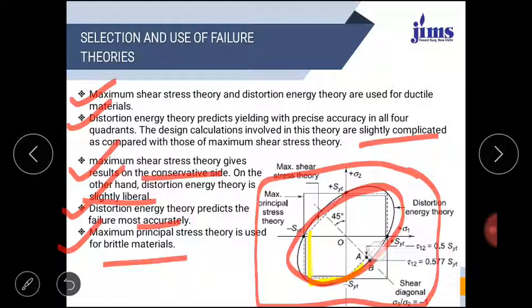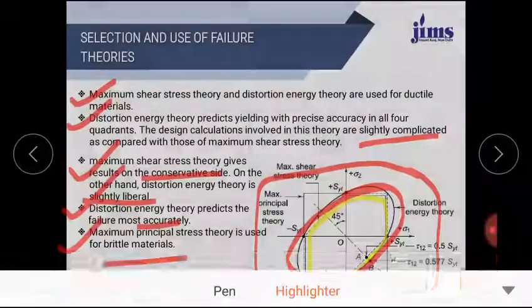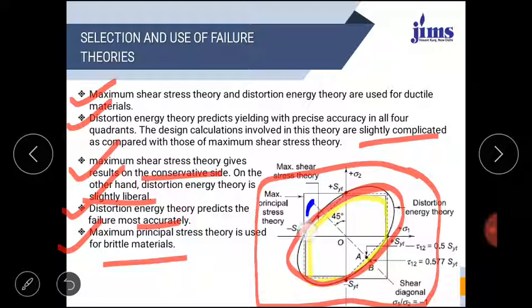You can see this is the boundary of the maximum shear stress theory, and with blue I will show you the boundary of the principal stress theory. This is the principal stress theory, I think you can see.